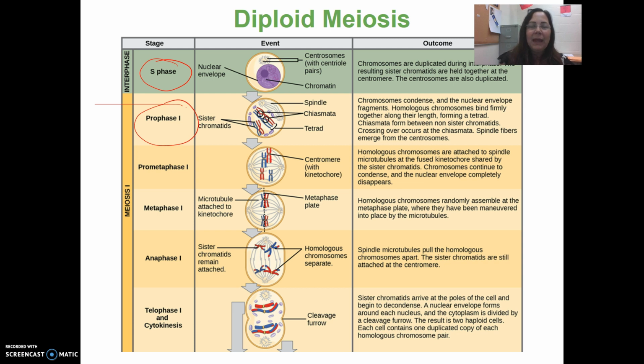And everything that happened in prophase of mitosis happens in prophase of meiosis. But there is an additional thing that happens. This additional component of prophase 1 is that the homologous pairs match up and form tetrads.